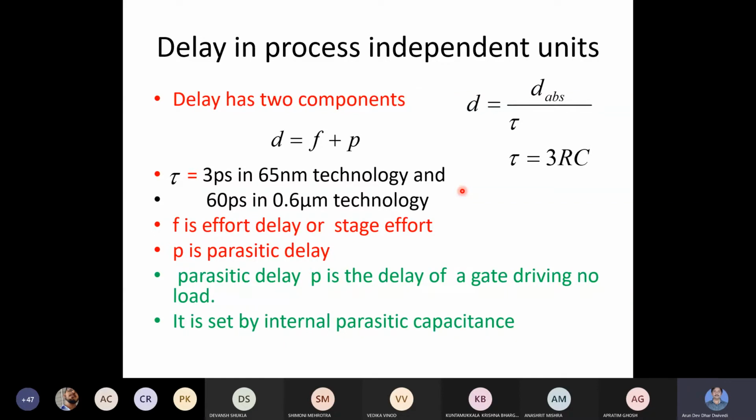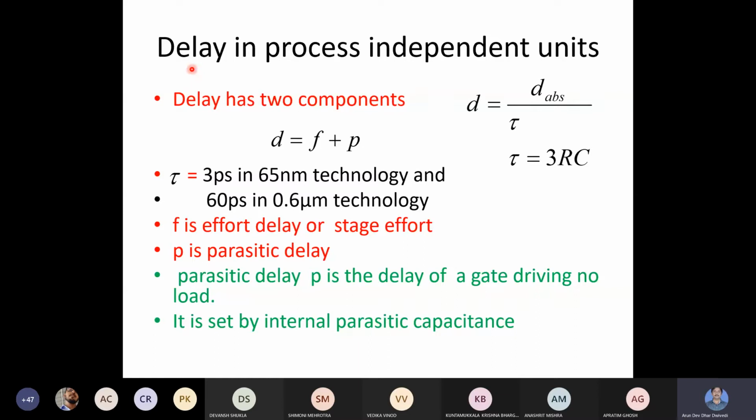This type of approach has been available in literature. This is independent of the process parameters, no k and k dash or W by L ratio and other things. So in terms of that, how to decide which topologies will be better, which will have a faster response, all these things can be decided.